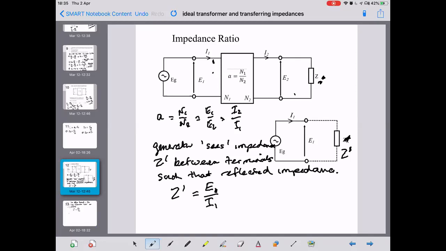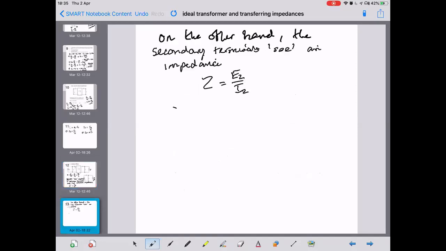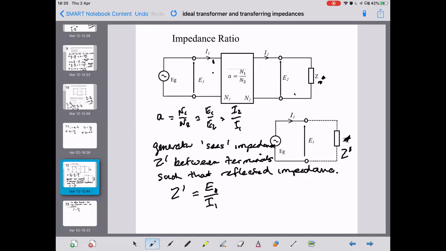So let's move on. What I've summed up here is, if you're given the primary voltage and the primary current, you could calculate the impedance that the generator sees, Z dash.